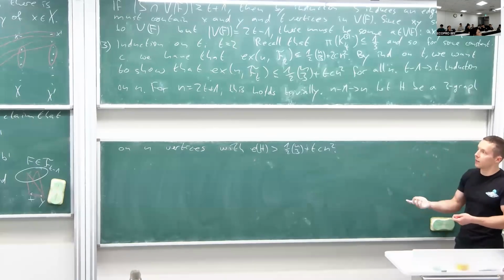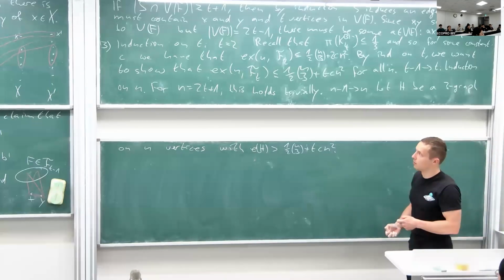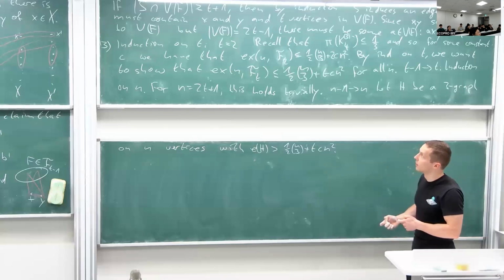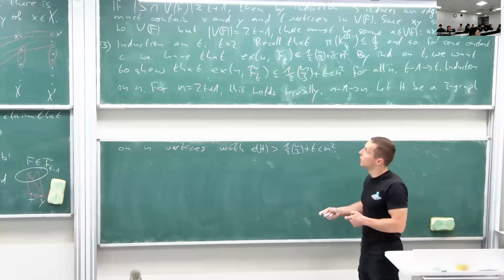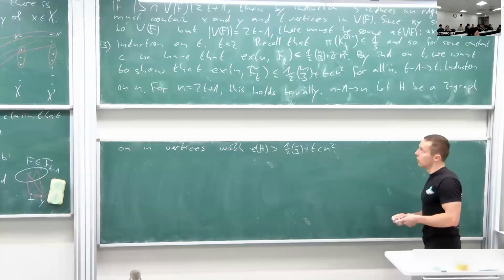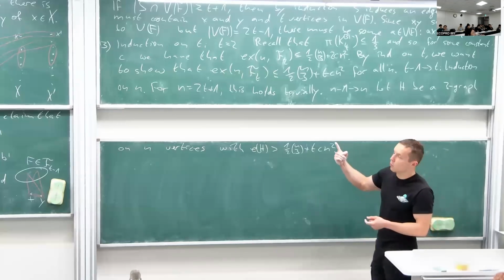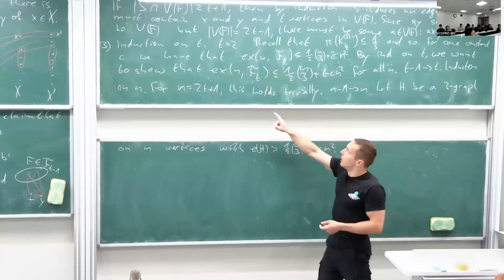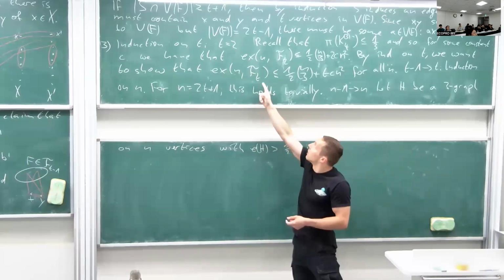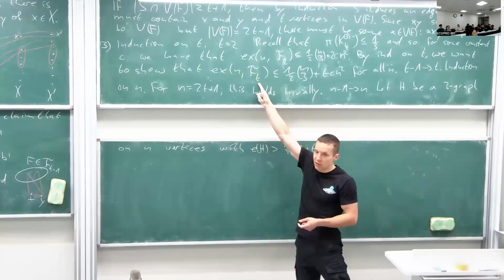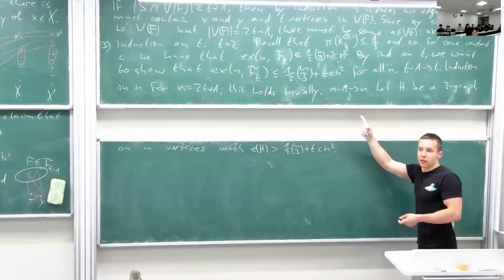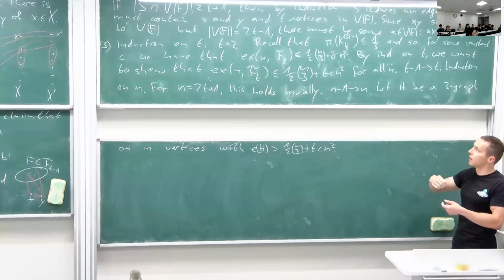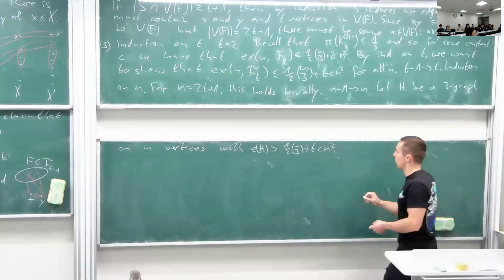But if they are large, then we will find an F_t. So at which links do we want to look? We know that for F_{t-1}, we're already below the extremal number. So we find a copy of some member of F_{t-1}.